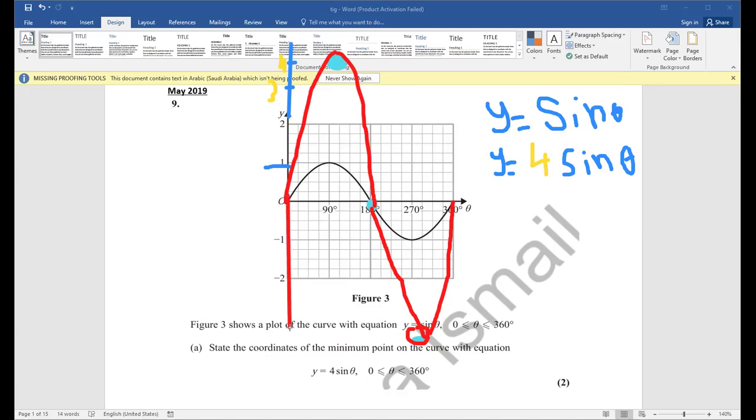Instead of -1, we have to get down to -4, because we multiply -1 by 4. So it would be -1 times 4, which is equal to -4. So the minimum point he wanted is 270 and -4.